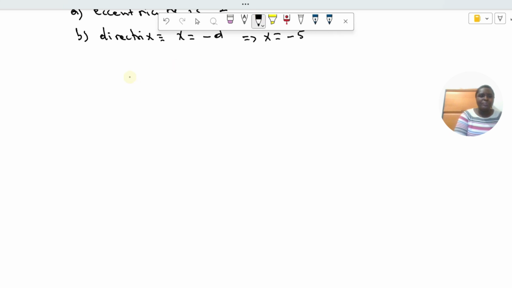All right. So how do we see in C? We are asked to identify the conic. How do we identify it? We identify it based on the value of the eccentricity E. When the eccentricity is less than 1, the conic is an ellipse.